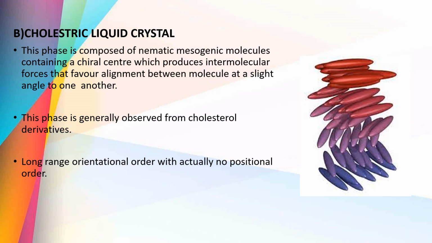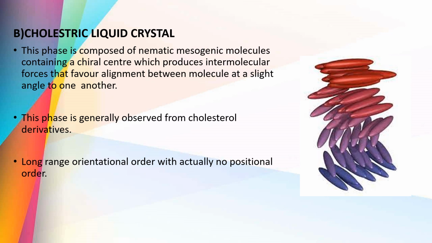This fascinating categorization from the liquid crystal family is largely due to its unique optical property, which is imparted by the helical structure. And the necessary condition required for the formation of the cholesteric mesophase is chirality.